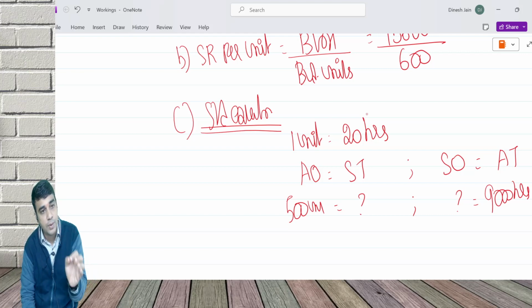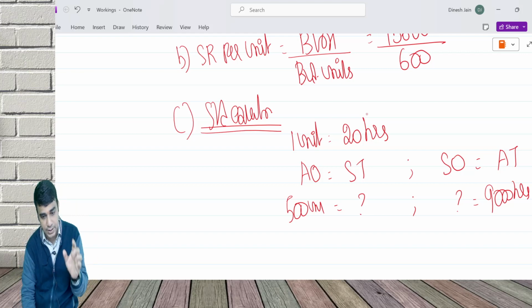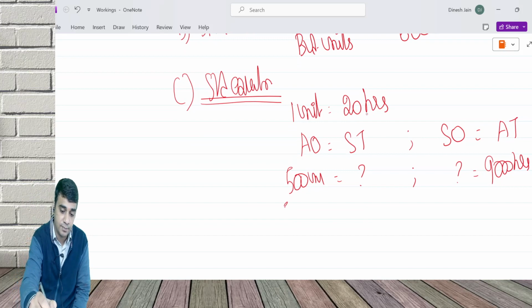1 unit is equal to 20 hours. AO is equal to standard time, SO is equal to actual time, or you write the reverse, it doesn't really matter whichever way you write it. 500 units is equal to question mark. Tell me what that question mark is. Not 1000, 10,000.